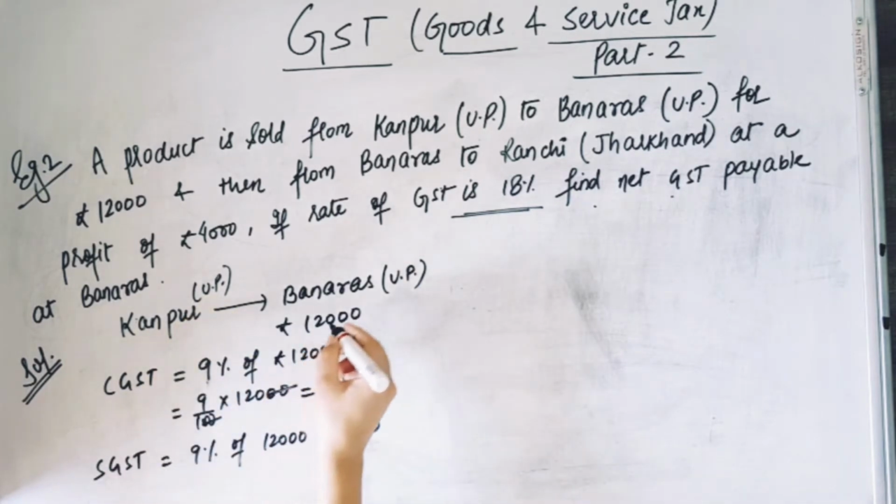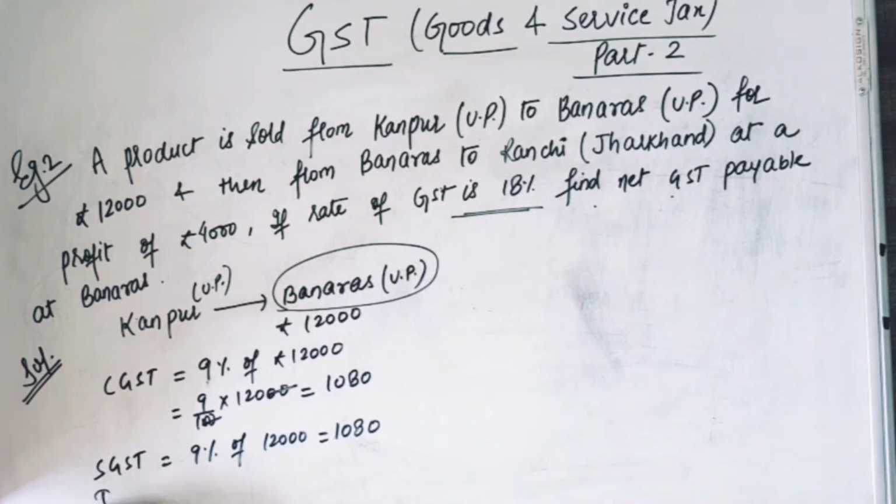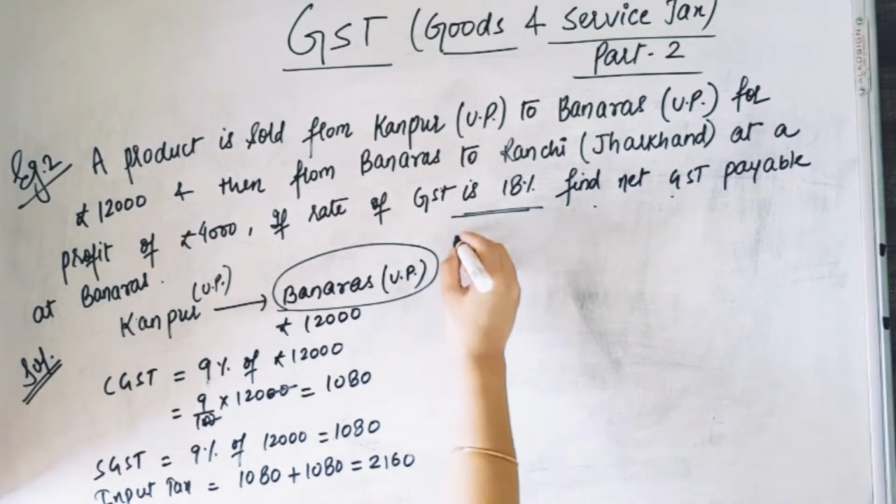So this is Banaras. The person who is in Banaras, he has purchased goods. So its input tax will be, input tax credit also we can say. Input tax will be what? 1080 plus 1080, that is 2160.